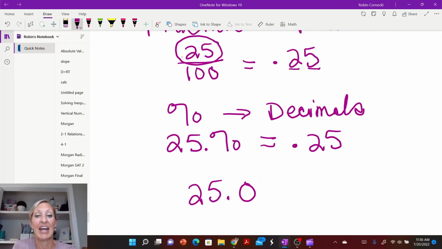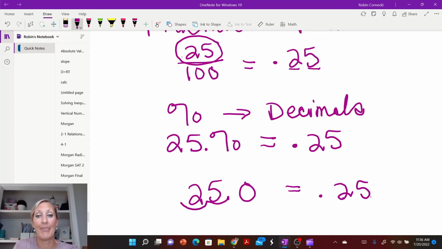We would just leave it as the 25%. But if you notice, our decimal point just moved 2 places over to the left to give us this 0.25 or 25 100ths. And that's only because of the relationship between percents, decimals, and fractions.